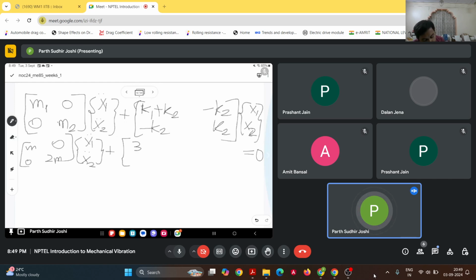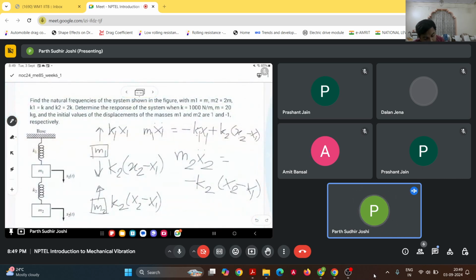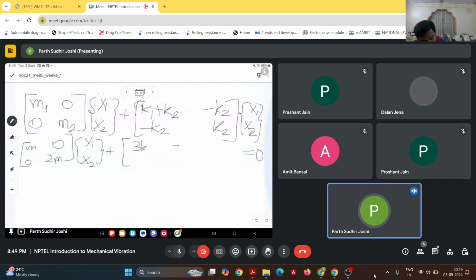So this will become 3k, and k2 is 2k, so it will be 3k minus 2k, minus 2k, 2k, into x1 x2 is equal to 0.